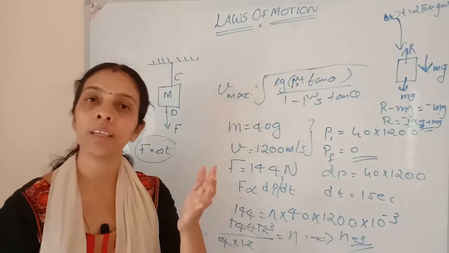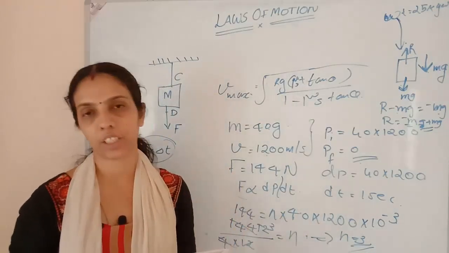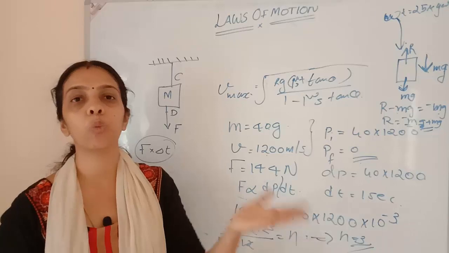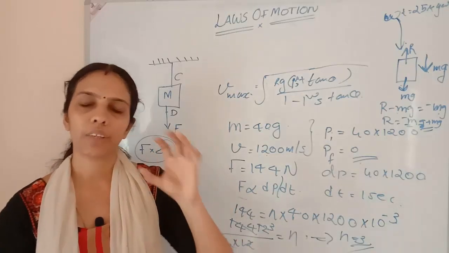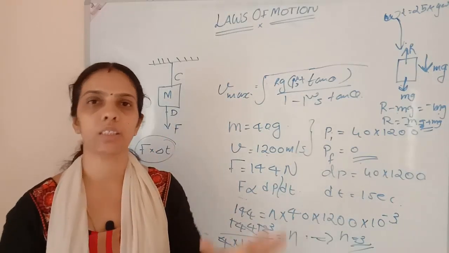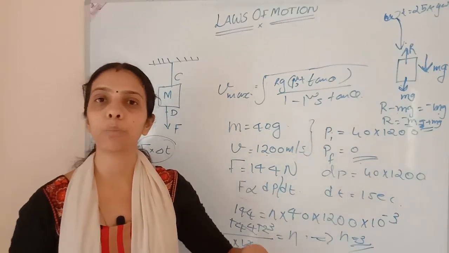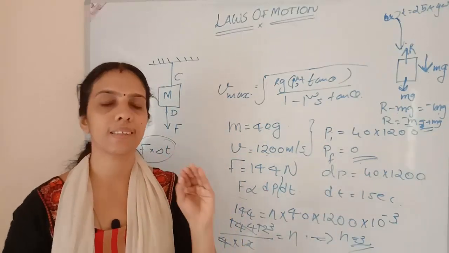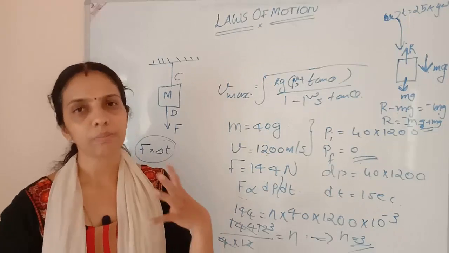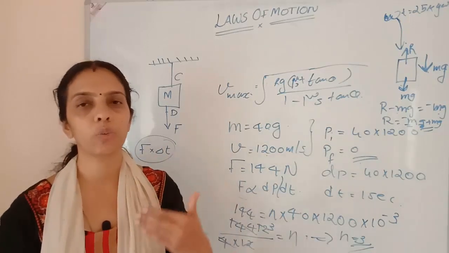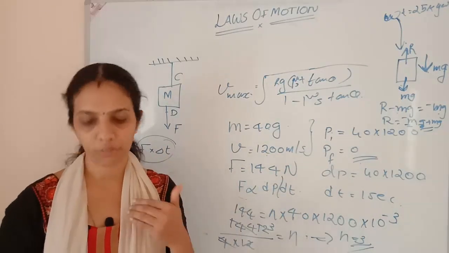When it is moving, it will be the kinetic friction. When one is moving over the other, then the friction acting will be kinetic friction. If one is in static position, that is at rest, it means static friction. Then if it is rolling one over the other, it will be rolling friction.